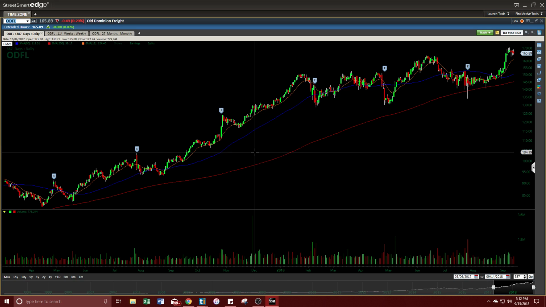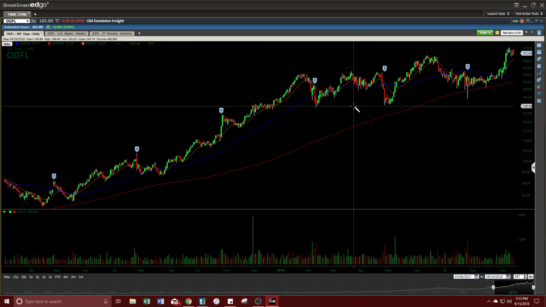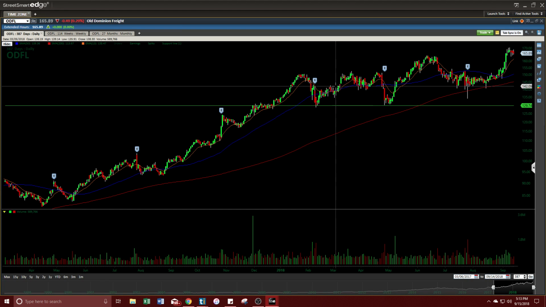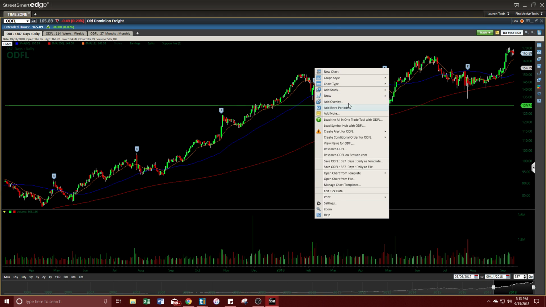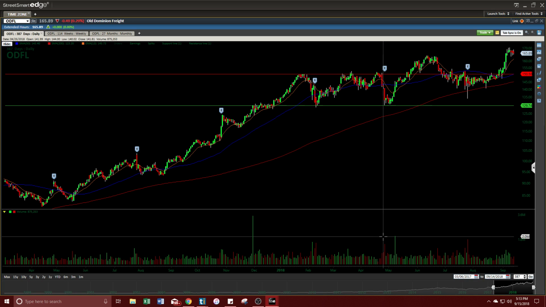And this is also in a great pattern. Great pattern. You see it keeps coming down to this 130 level, and then it's got resistance right there.